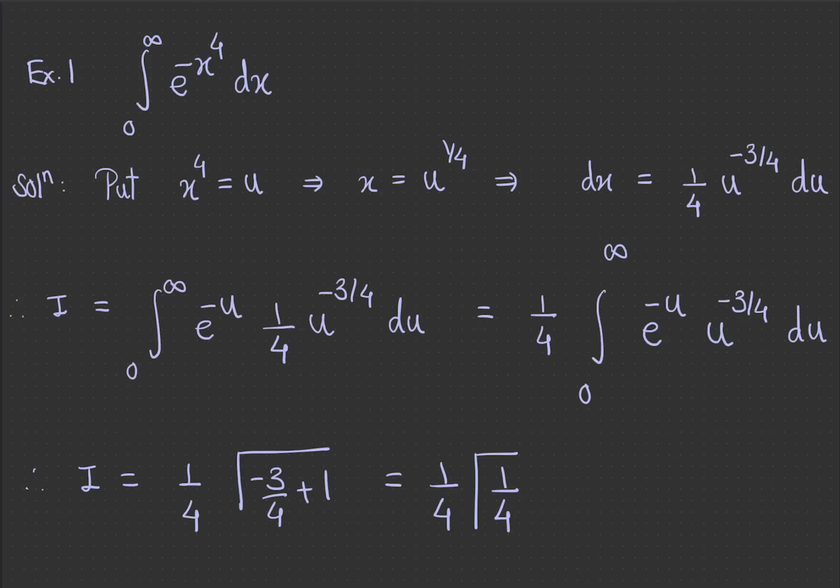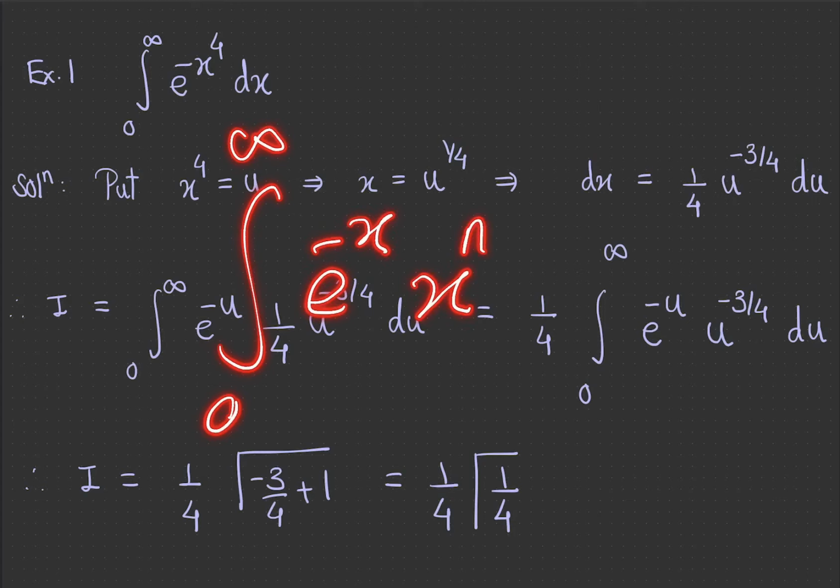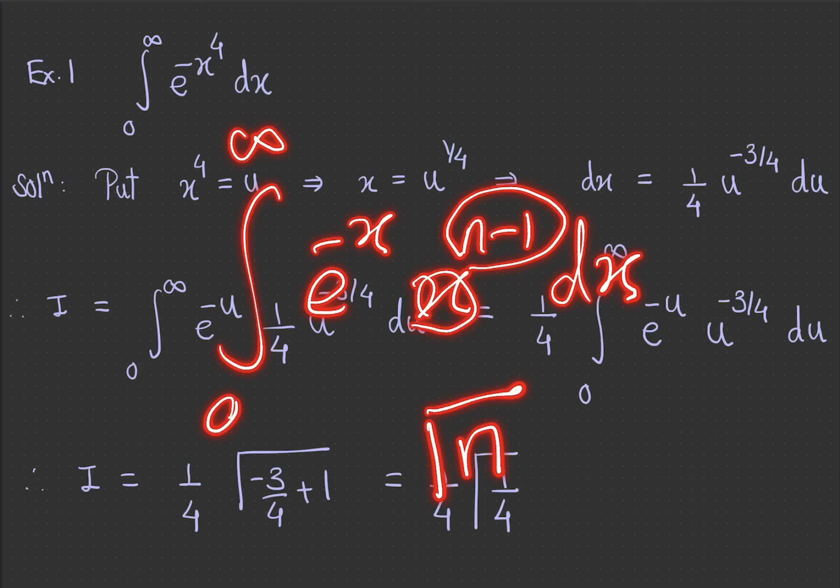So the integral becomes 1 by 4 integration 0 to infinity e raised to minus u, u raised to minus 3 by 4 du. Now this is in the gamma form, that is integration 0 to infinity e raised to minus x, x raised to n minus 1 dx, and we know that the integration is equal to gamma of n, that is we will simply add 1 to the exponent of x, that is n minus 1 plus 1, this is gamma of n.